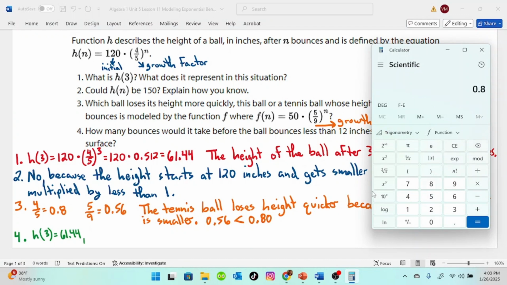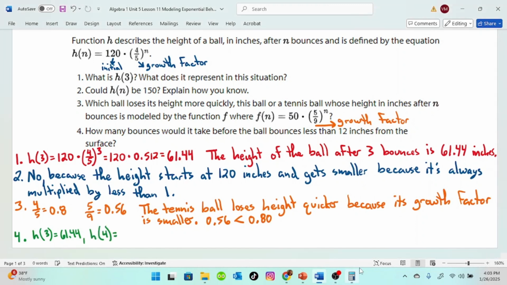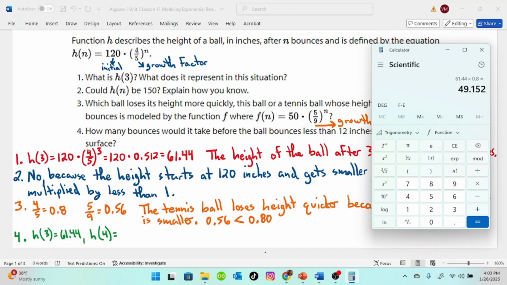So 0.8 to the power of 3 times 120. So here we are at h of 3 bounces. Now let's multiply by 0.8. So that means h of 4, we're down to 49.2.